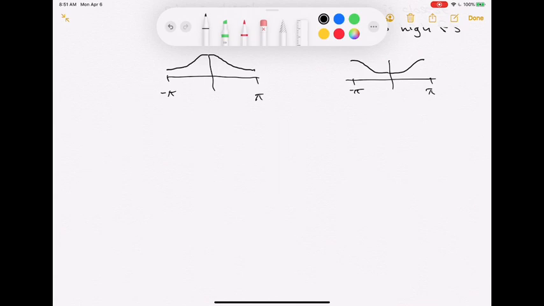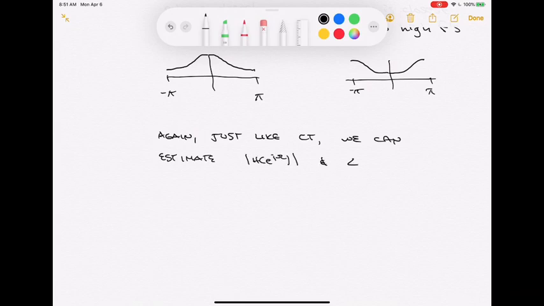So again, just like continuous time, we can estimate the magnitude of H(e^jω) and the phase response angle H(e^jω) by using our pole zero information.